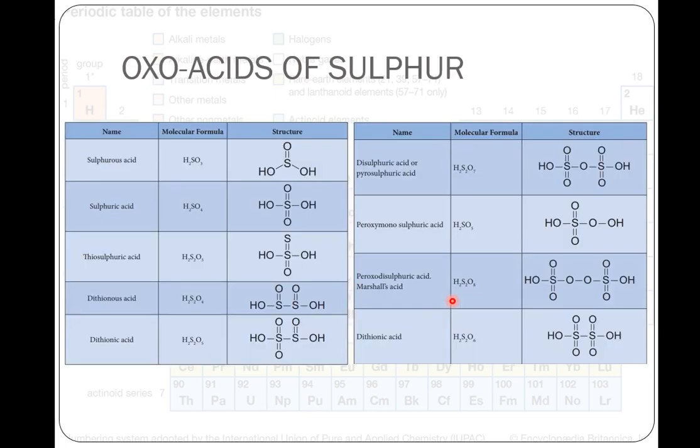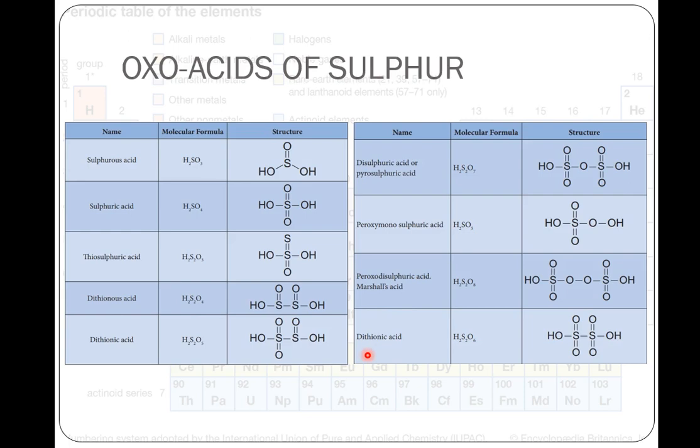Oxoacids of sulfur. Sulfur forms a number of oxoacids having variable oxidation states of sulfur. Sulfurous acid, sulfuric, thiosulfuric, dithionous, dithionic, disulfuric or pyrosulfuric acid, peroxymonosulfuric acid, peroxodisulfuric acid and dithionic acid.